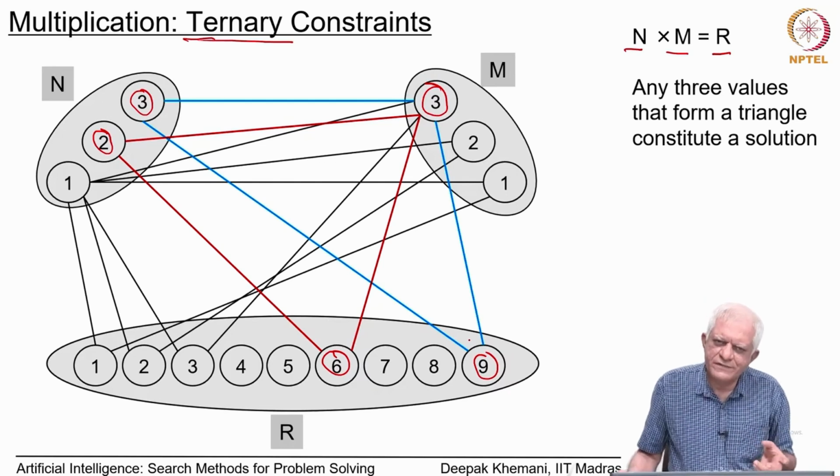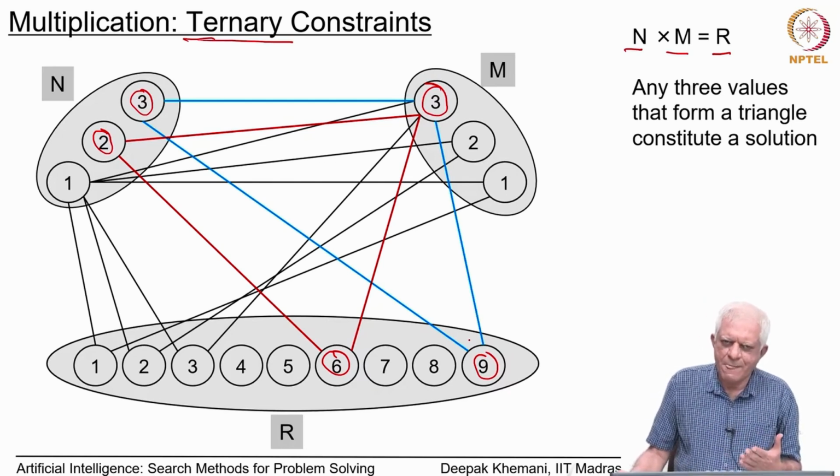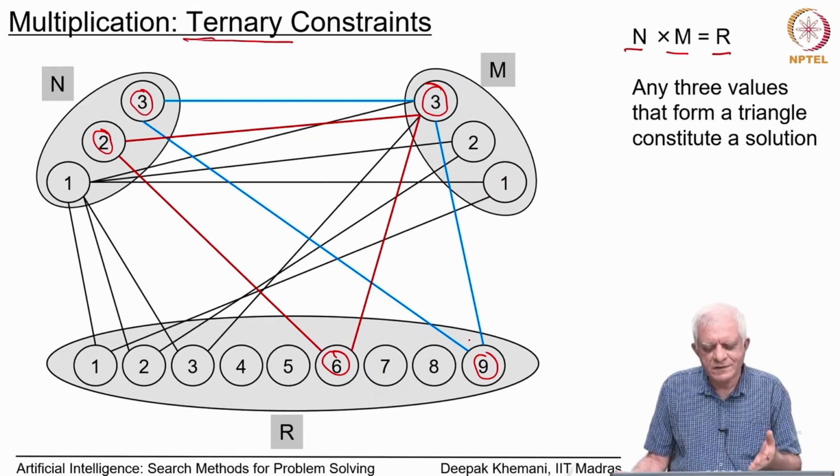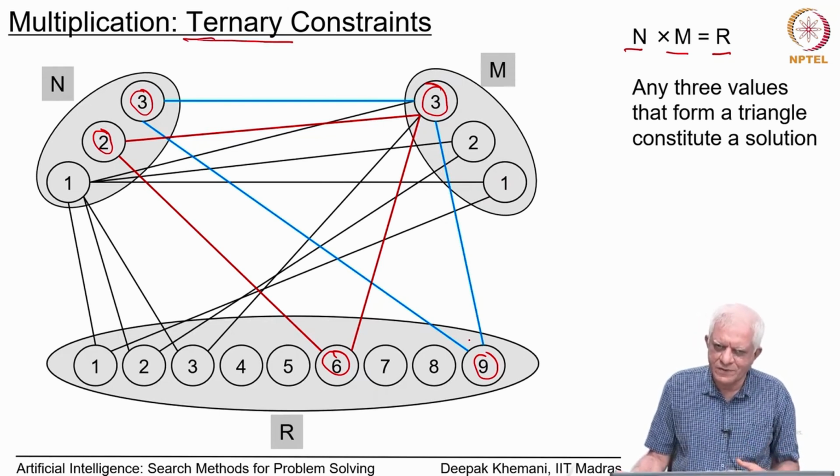So, remember that when we said we can solve constraint satisfaction problems, we can say give us a solution. This particular formulation would give us some random 2 numbers and their product. The nice thing about constraints, and it is also true of logic programming as we had said earlier, is that you can specify 2 of these variables.